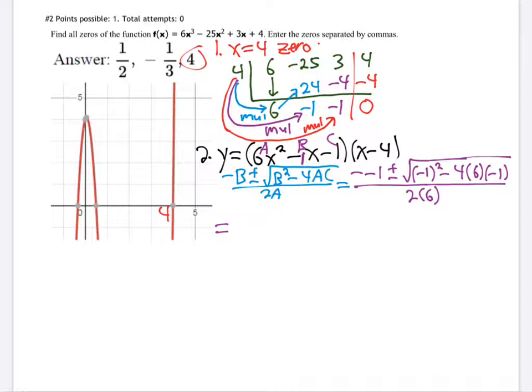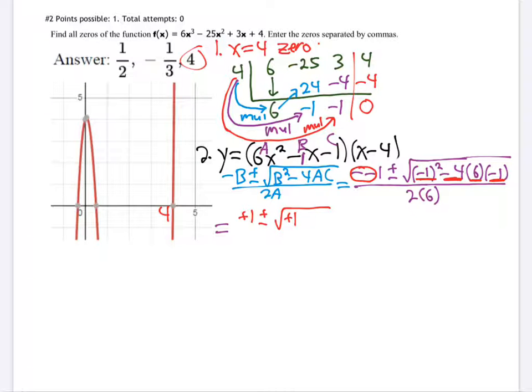Bring it down here. So the 2 negatives make positive 1, plus or minus the square root. Right here, now that negative 1 is in parentheses, when we square that negative 1, it becomes positive 1, right? Now, watch the signs over here. Here's the main place people mess up on the quad. Just count the minuses: minus 4, plus 6, minus 1.